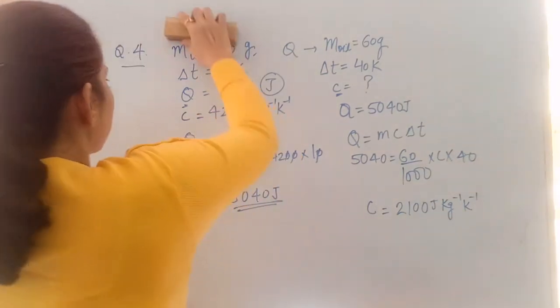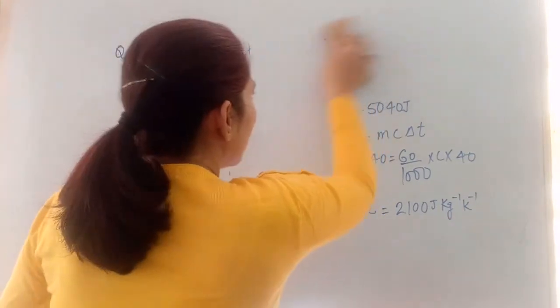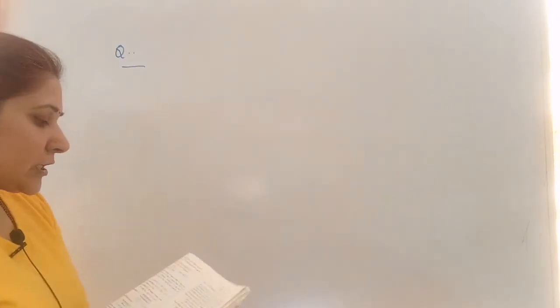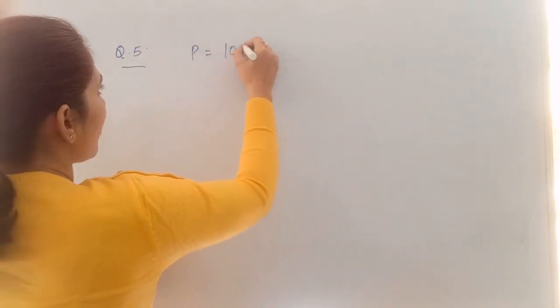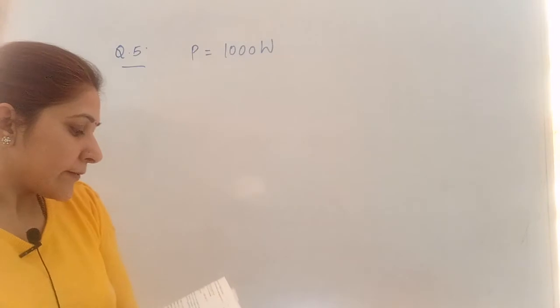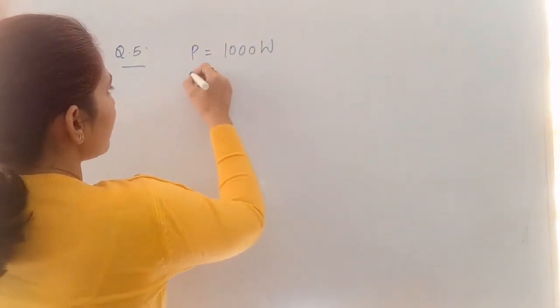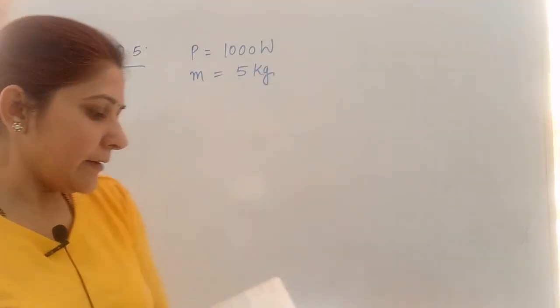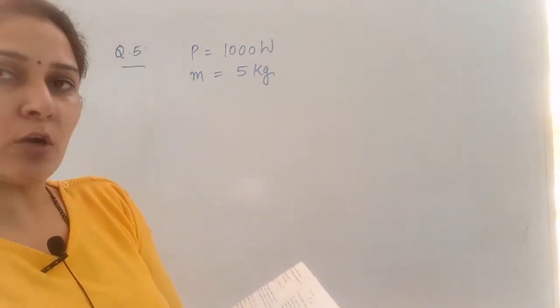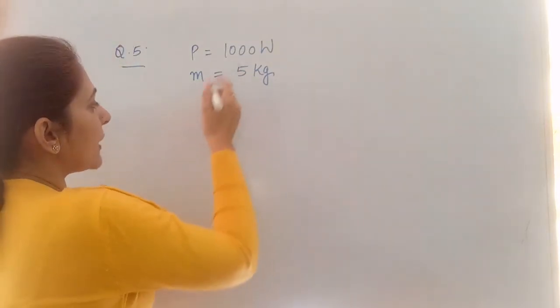The next is question number 5. Maybe the numbering will be different, but you can listen to the question and find out which one I am doing. An electric heater of power 1000 watt raises the temperature of 5 kg of a liquid from 25 to 31 degrees Celsius.